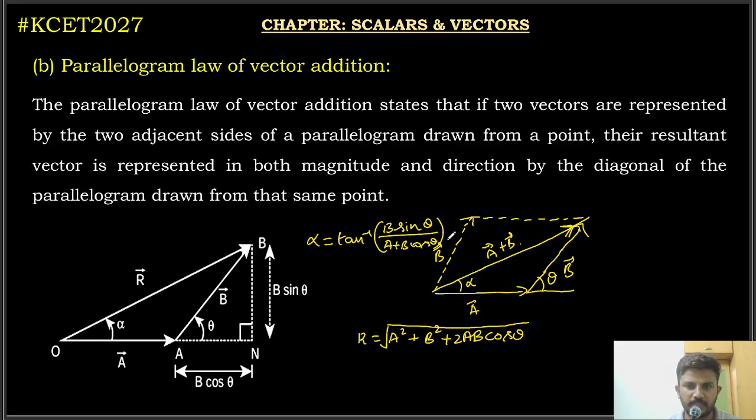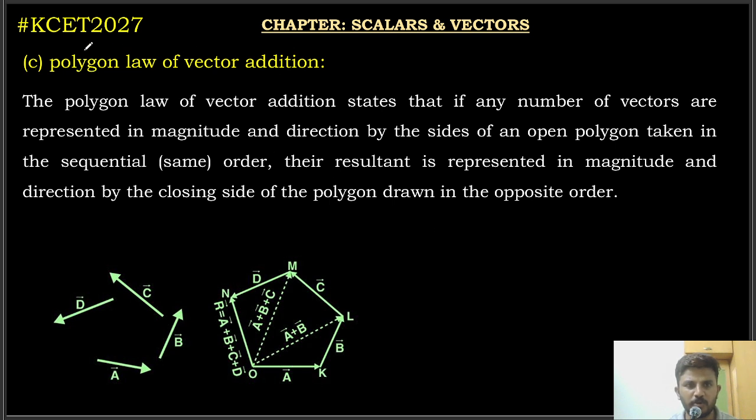Clear? Yes. Then we have the polygon law of vector addition. What if we have more than two vectors? Let's consider we have one vector like this, one more like this, and so on. How do we find the resultant vector?